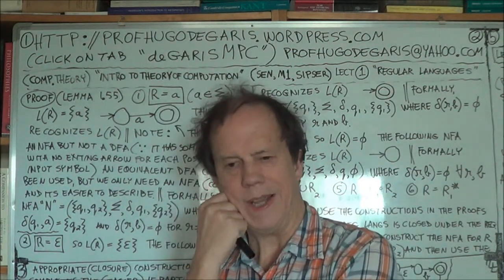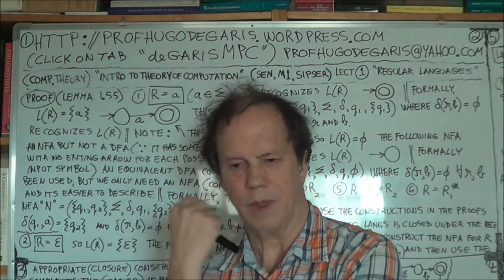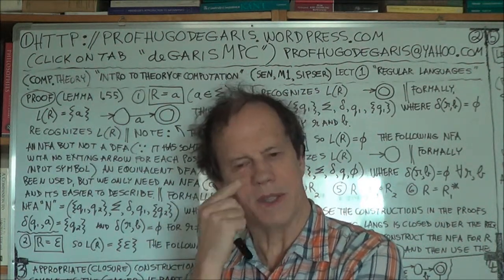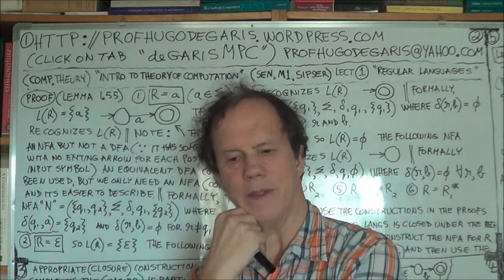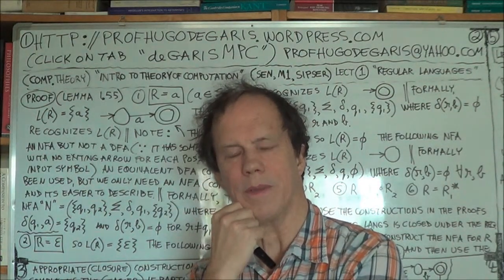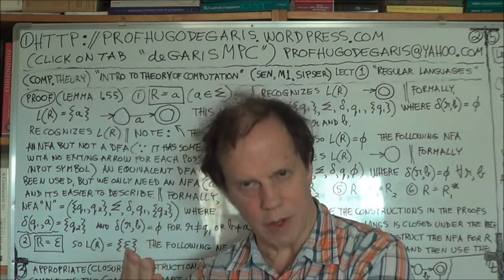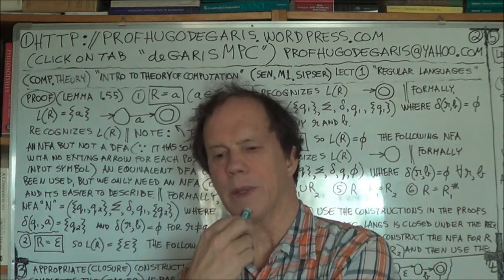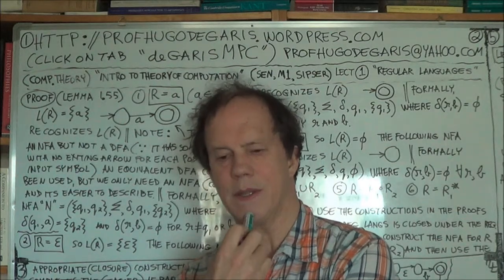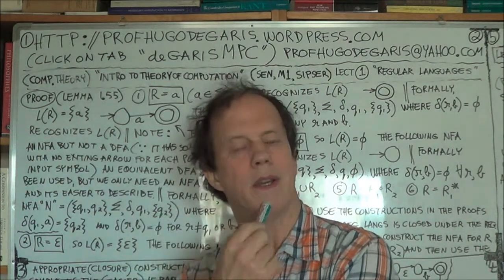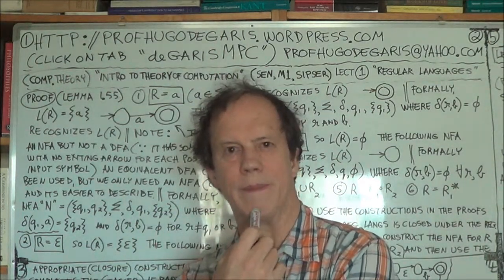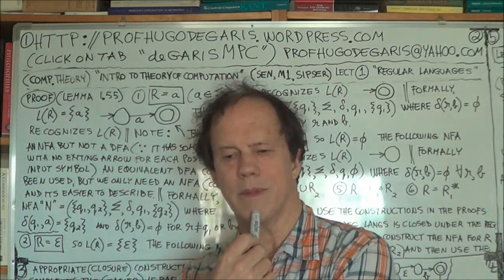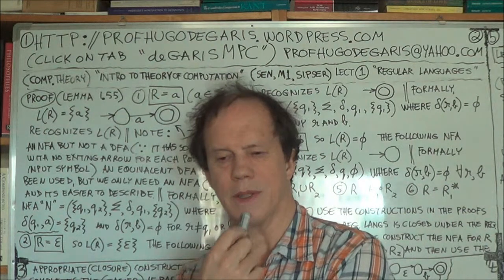Well, if you have a language, whatever language it is, that language is described by a regular expression. But that language is, let's say that same language is recognized by a particular NFA, right? Same language. So that would make it seem intuitively obvious, I guess.